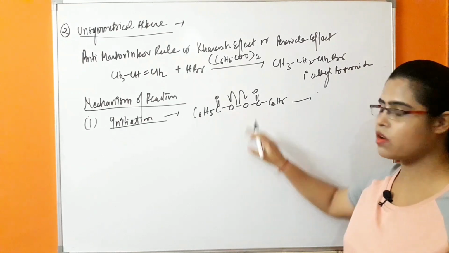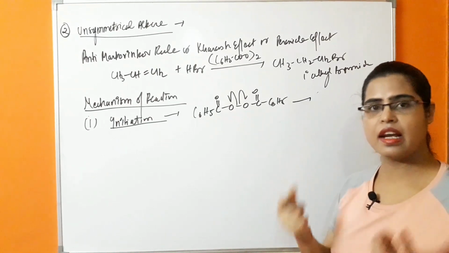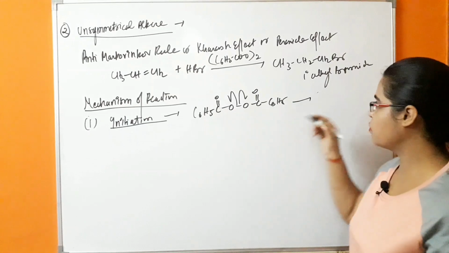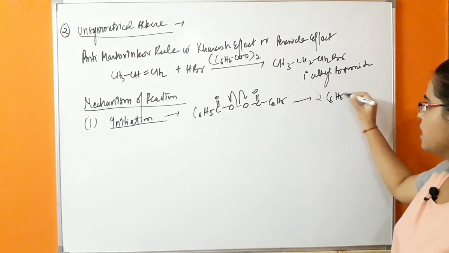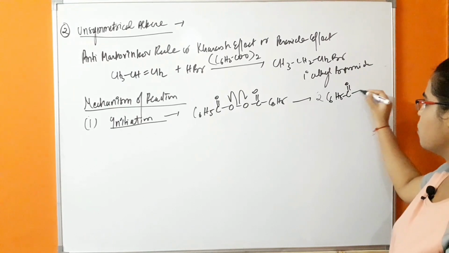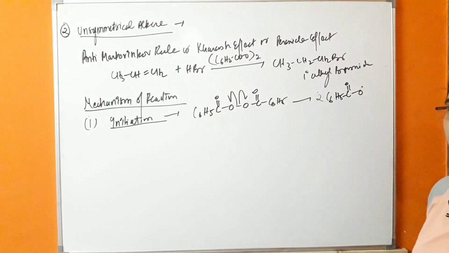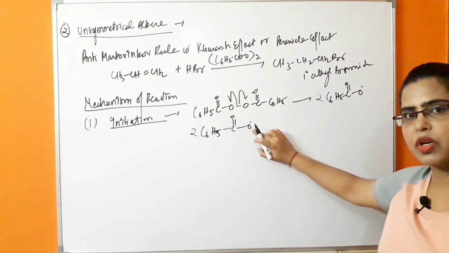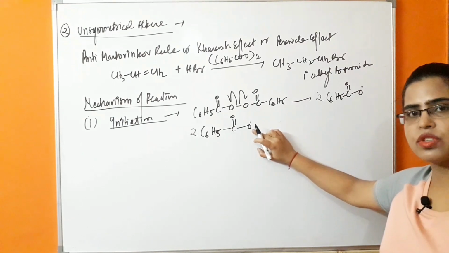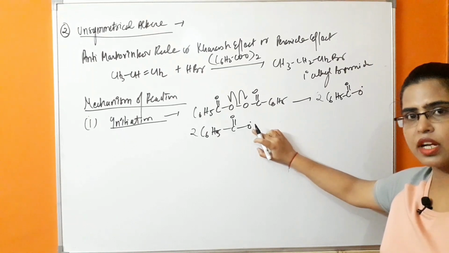It means both the oxygens will take away the single electron of the shared pair, due to which there will be formation of 2 molecules of C6H5 C double bond O O with an odd electron. The odd electron on this oxygen is highly unstable because oxygen is the second most electronegative element in the periodic table.